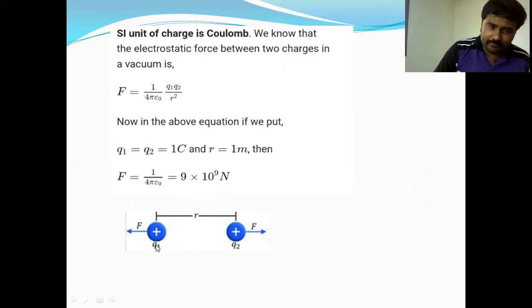Here Q1 is equal to 1 coulomb, Q2 is also 1 coulomb.